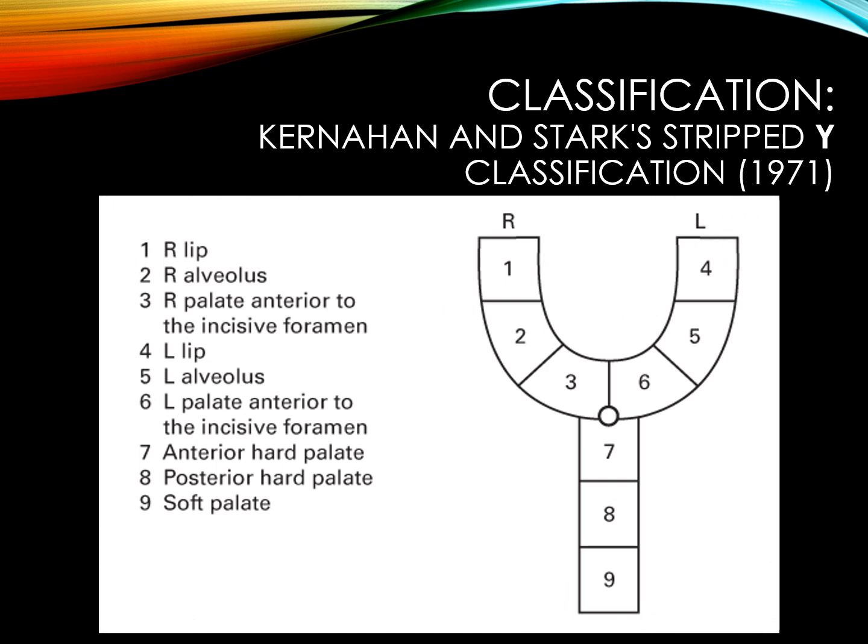These authors schematically depict the oral cavity like the letter Y and divide it into different areas marked by numbers, where number 1 is right lip, number 2 right alveolus, number 3 right palate anterior to the incisive foramen, number 4 left lip, number 5 left alveolus, number 6 left palate anterior to the incisive foramen, number 7 anterior hard palate, number 8 posterior hard palate, and number 9 soft palate.